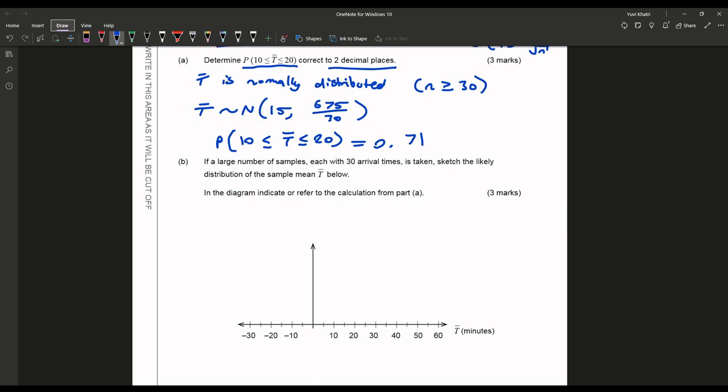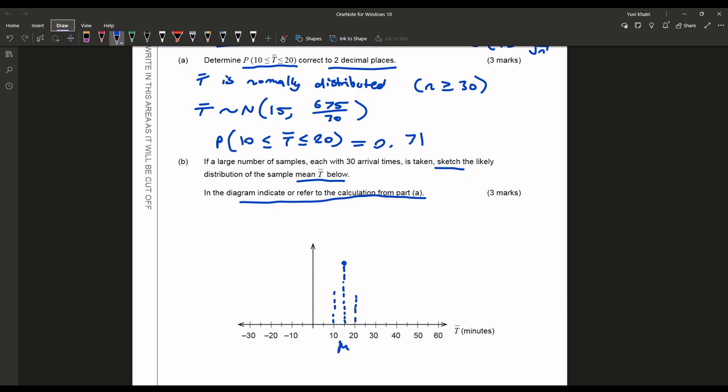Okay, part B says that if a large number of samples, each with 30 arrival times, is taken, sketch the likely distribution of the sample mean t bar below. Okay, and in the diagram we have to refer to the calculation from part A. So first of all, we know that the mean is 15, so we're going to indicate that there, the mean. And we also know that 71% of the times are going to be between 10 minutes and 20 minutes.